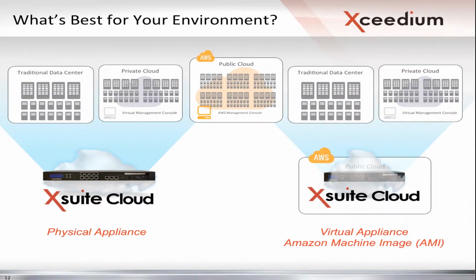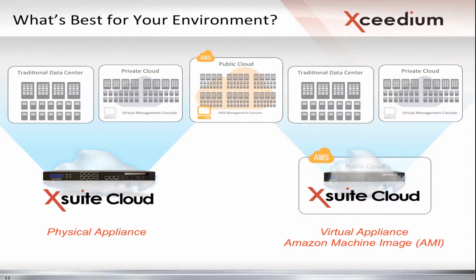We actually have delivered this new product in two different form factors. So our current customers or new customers can buy it on the existing hardened appliance that we provide. That's how we've supported customers running traditional data center and private cloud instances. But we also deliver it in what we call an Amazon Machine Image, or an AMI, which is, if you will, a soft console, or a soft version of the product that runs up in EC2.